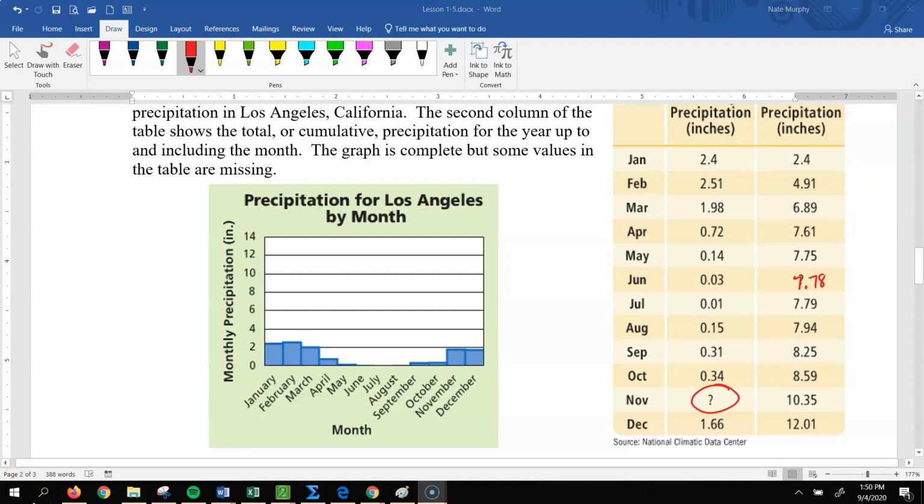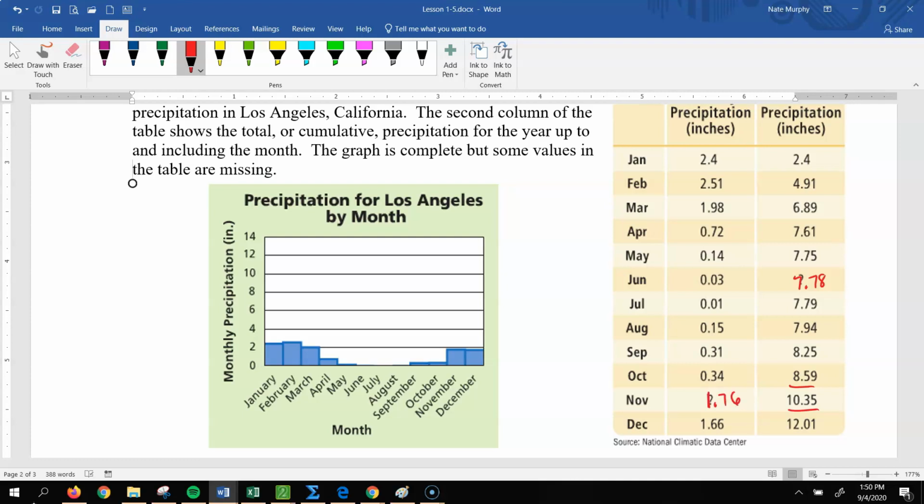And then later, to figure out how much rain they got in November, just in November, well, we know through the end of October we had 8.59 inches, and through the end of November we had 10.35 inches. So to find out how much rain fell in November, we would subtract those two. And the difference would give us 1.76. And so there's 1.76 inches during the month of November.